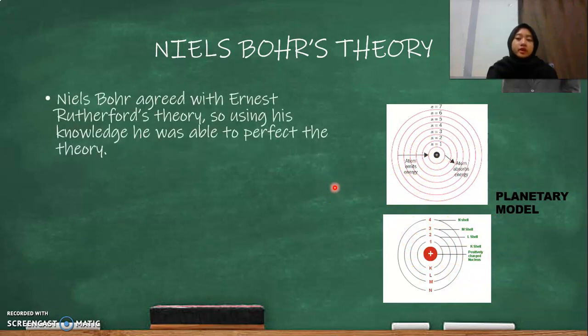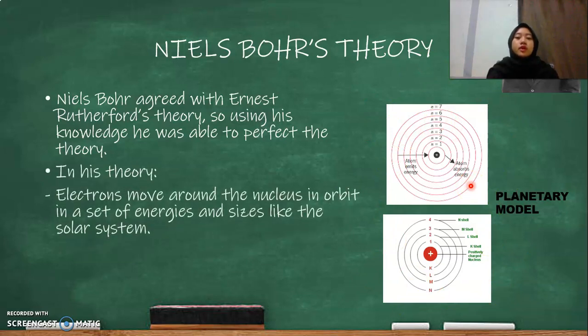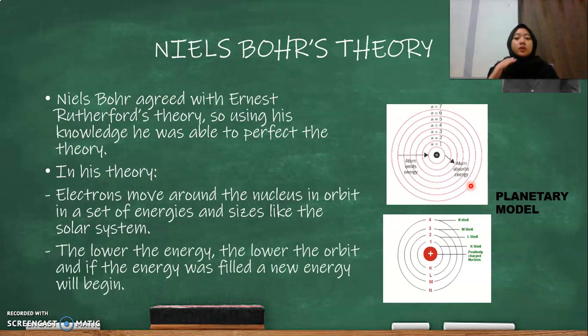Niels Bohr agreed with Ernest Rutherford's theory, so using his knowledge, he was able to perfect the theory, like in the diagram here. In his theory, electrons move around the nucleus in orbits of set energies and sizes, like in the solar system. The lower the energy, the lower the orbit will be. And if an energy level is filled, a new energy level will take over.